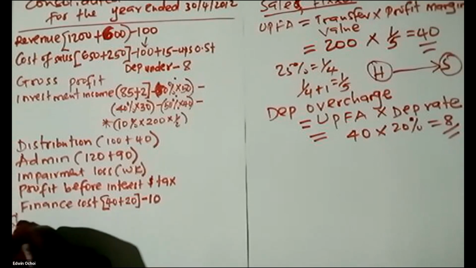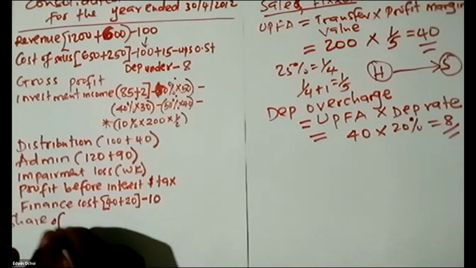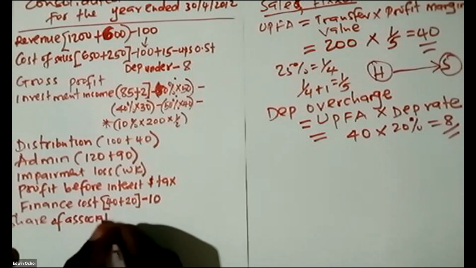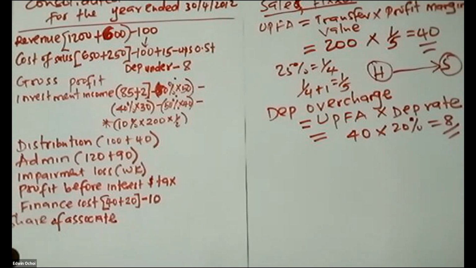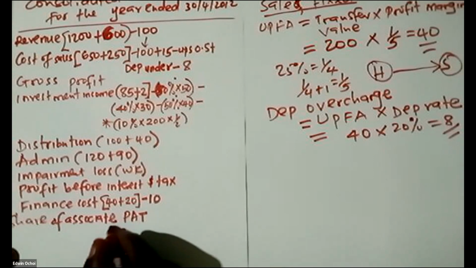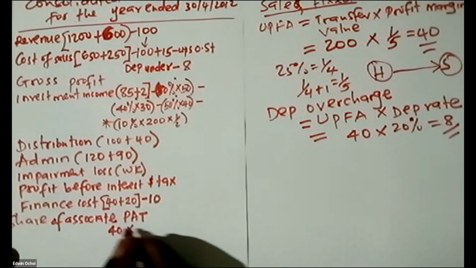So I will say share of profit after tax in associate and share of profit after tax in joint venture. So the first one is share of associate profit after tax. Remember that this was 40%. So 40% of 71.